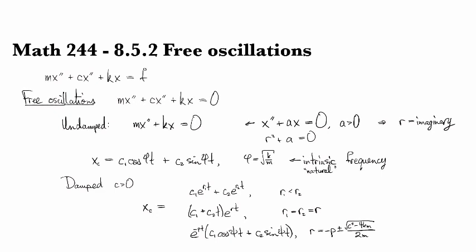In this case, psi is going to be the square root of our intrinsic frequency squared minus p squared. These are the three different things that can happen.